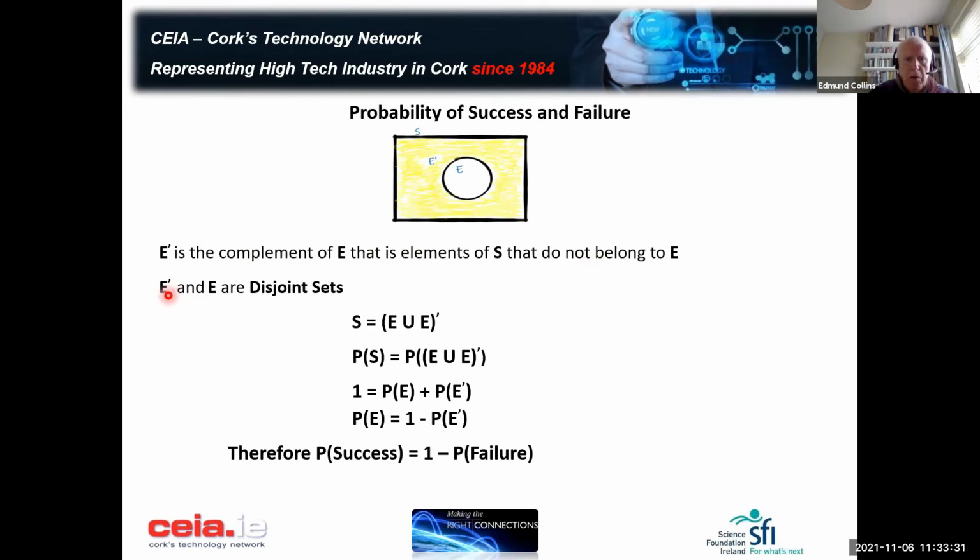Some important points here: E apostrophe and E are disjoint sets.